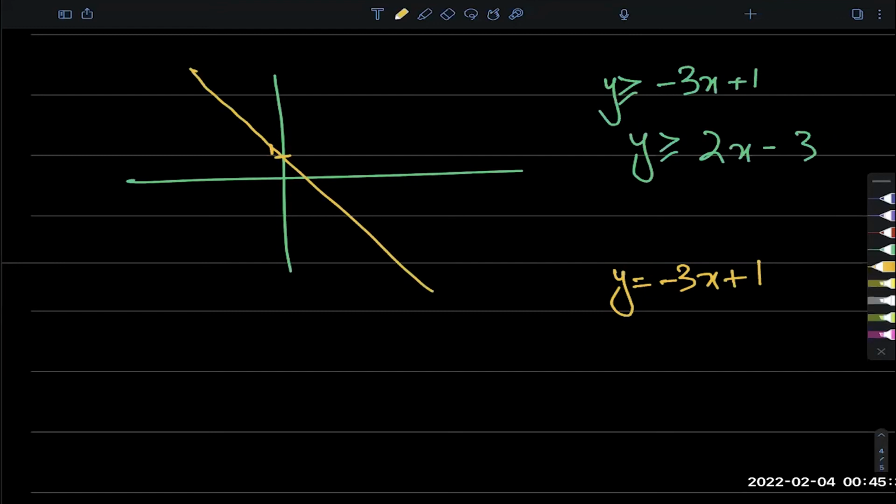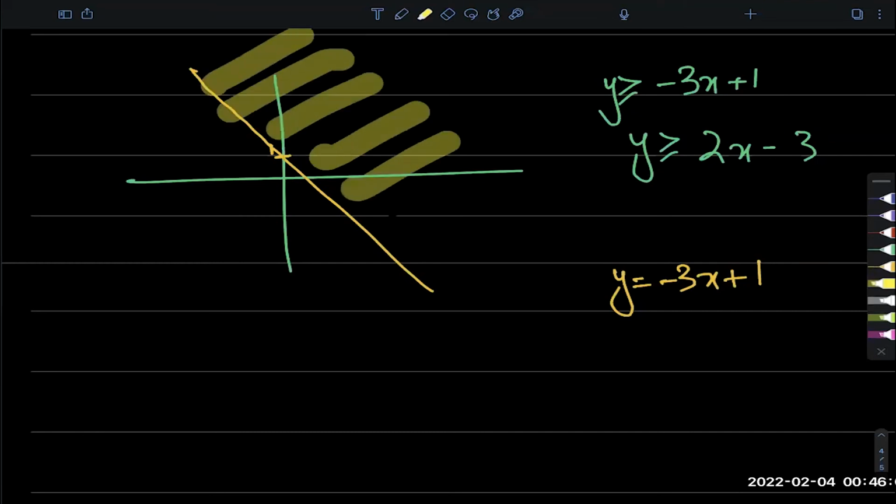And then the greater than sign means up and the less than sign means down if you have y and x both. If you have y in an equation, the greater sign means up and the less sign means down. So this means you're talking about the upper portion of this line, all the area above this line.